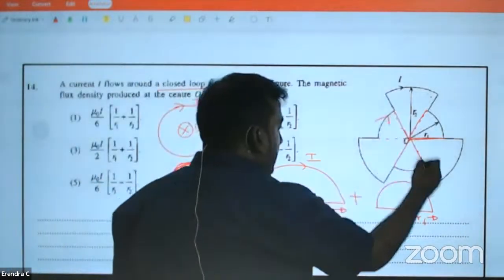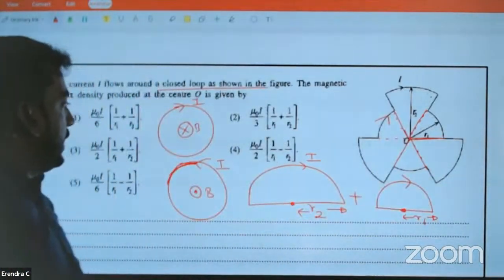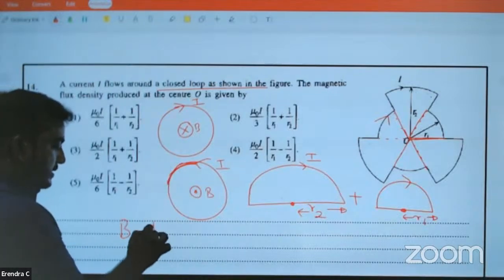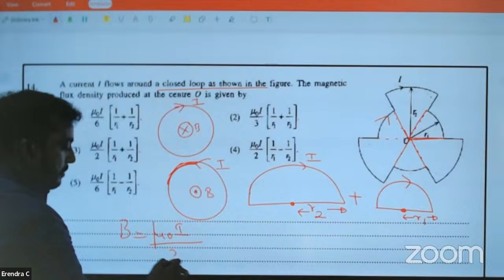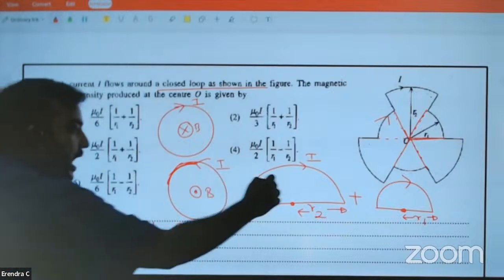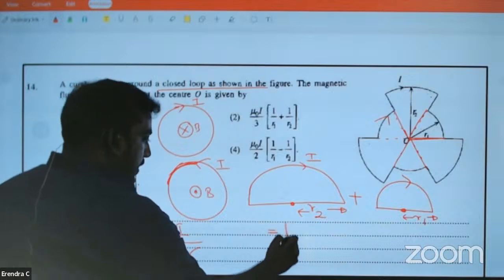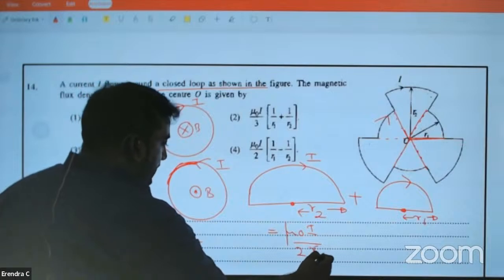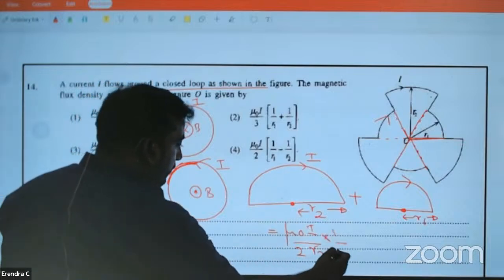Current is going in the same direction, anti-clockwise. Full circle, magnetic field at the center is mu naught I divided by 2R, 2 times the radius. Half a circle means mu naught I divided by 2 times R2, full circle into half.